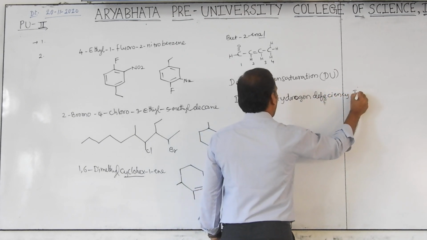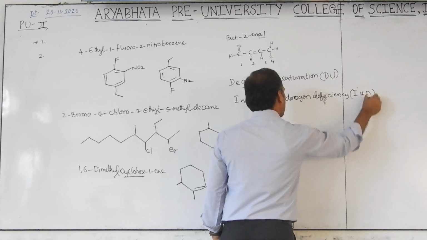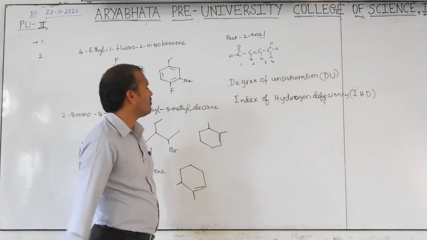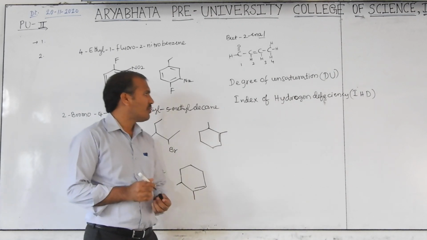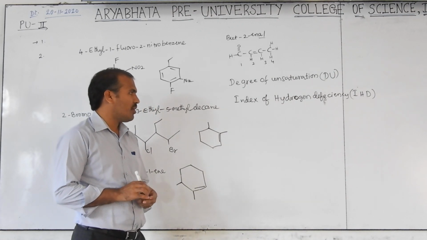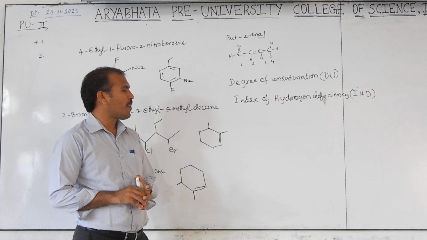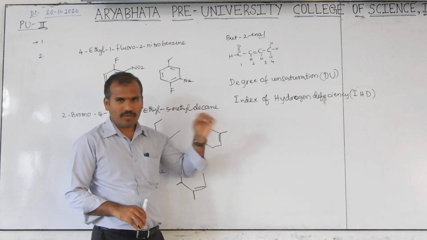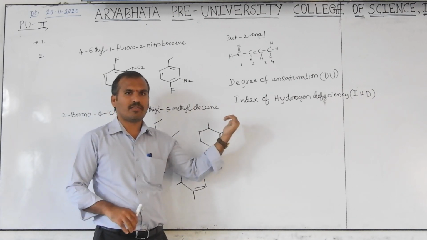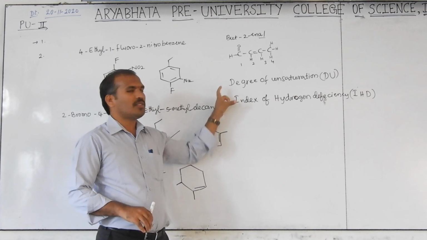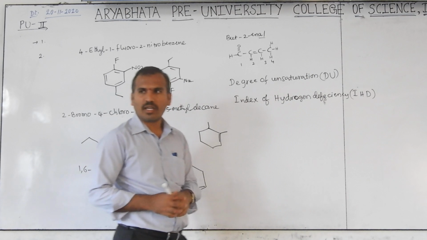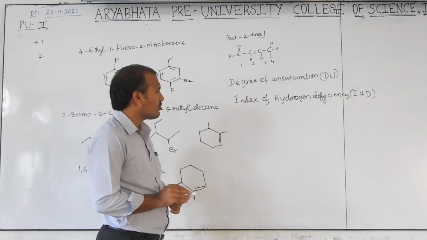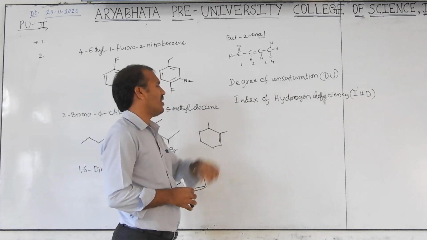This is called IHD. There is another name which I am not remembering; next class I will maybe explain that. So these two names, but mainly we use degree of unsaturation. I will tell you the example.